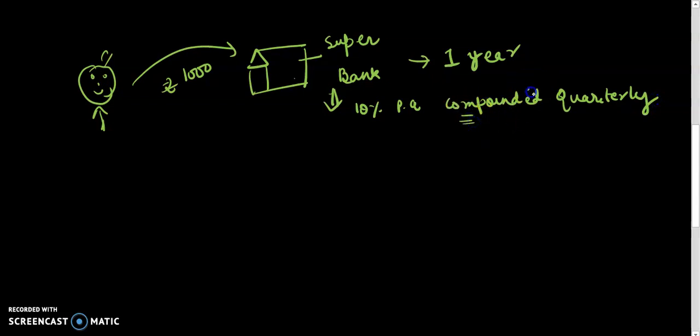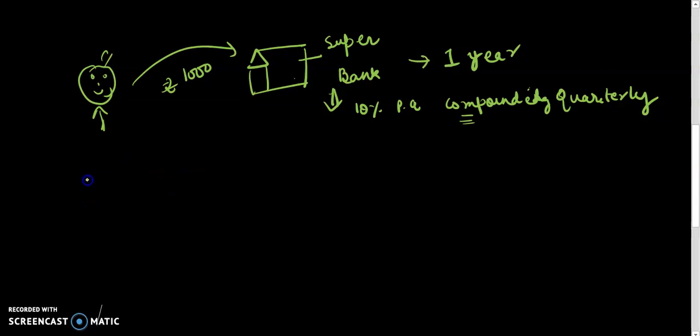Compounding quarterly means that bank pays interest after every 3 months. In a 1 year, there are 4 quarters of 3 months each, so bank pays after every 3 months interest. So accordingly, in a 1 year, there are 4 compounding periods.